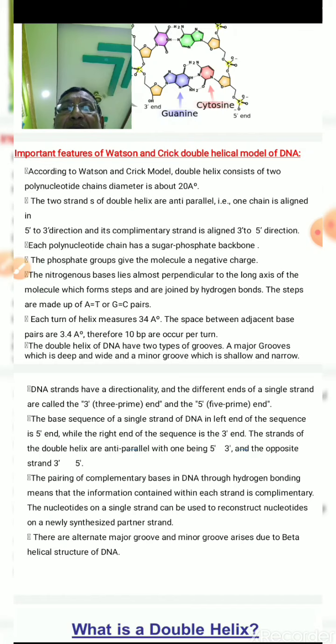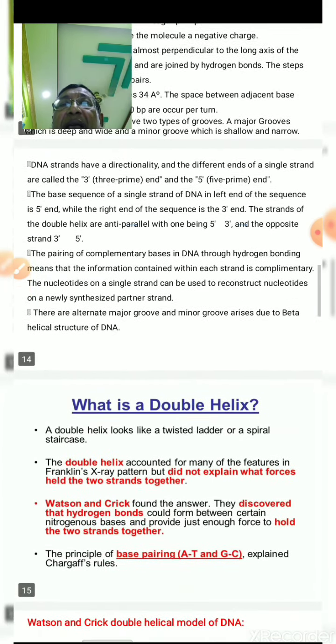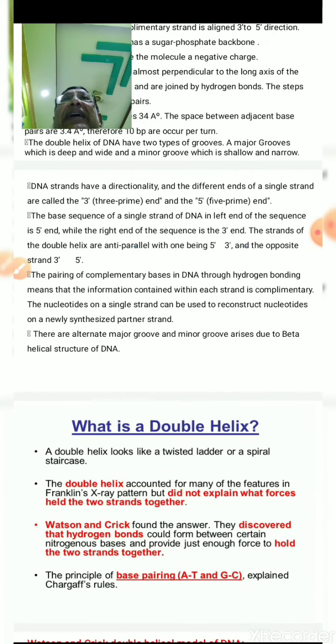Now some more points. DNA strands have a directionality, and the different ends of a single strand are called the 3' end and the 5' end. In the base sequence of a single-stranded DNA, the left end of the sequence is the 5' end, while the right end is the 3' end. The strands of the double helix are antiparallel, with one beginning 5' to 3' and the opposite 3' to 5'.